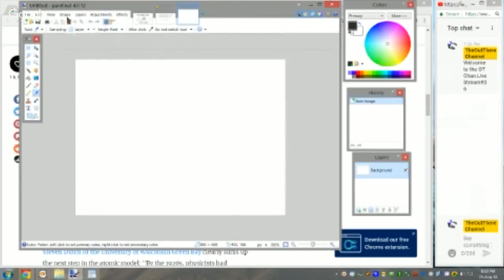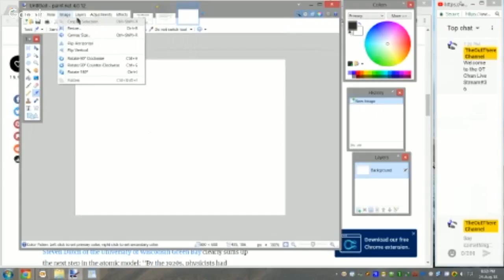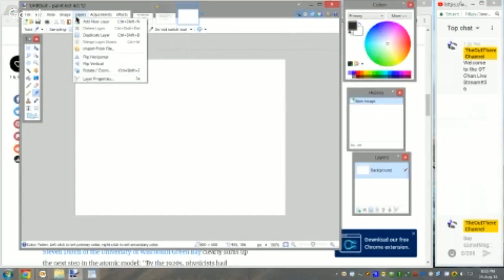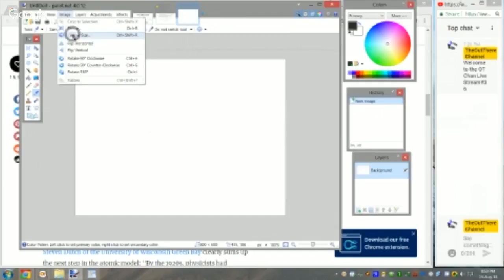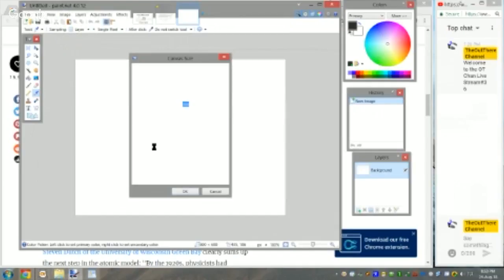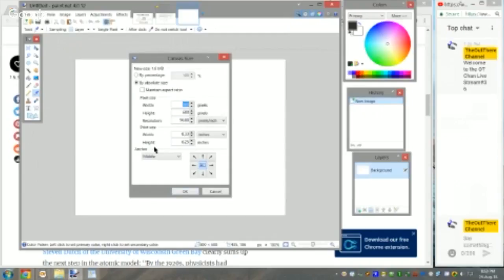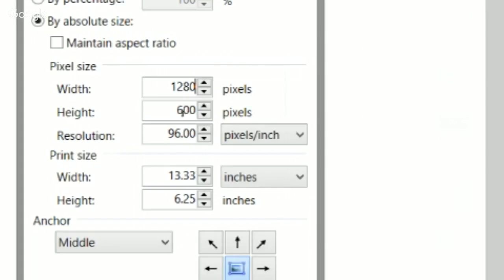Yeah, it's not the right size. Getting slower now. 720.